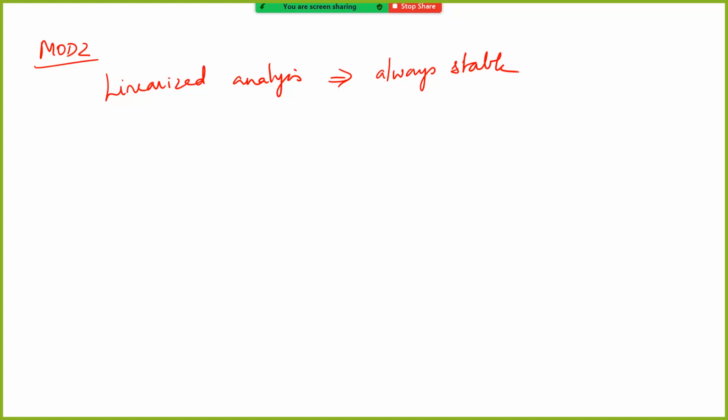There is some analysis that has been done, but we will not go through all of it. The linearized analysis tells us that the second order modulator is also going to be always stable. But as we know, the error at the input of the quantizer is going to be much more than it was earlier.